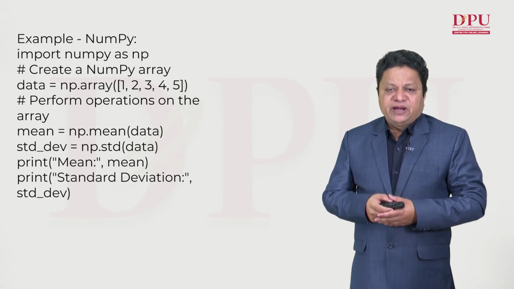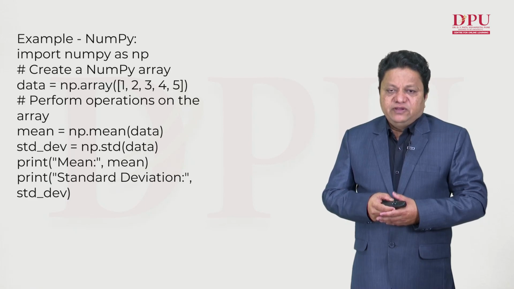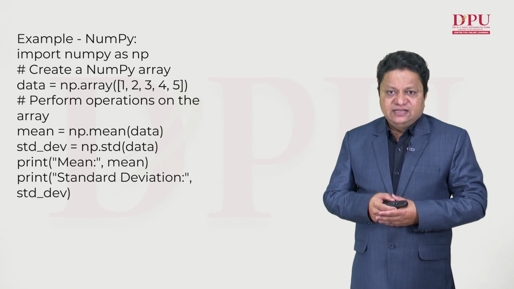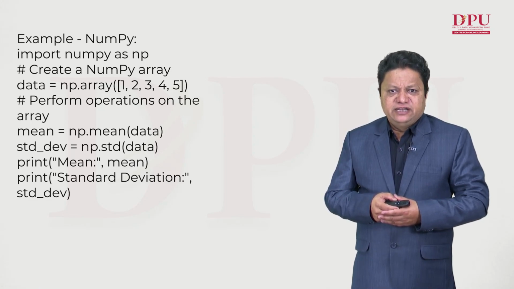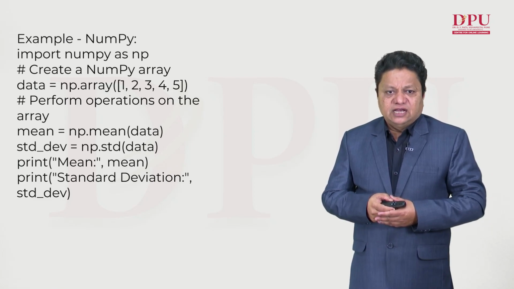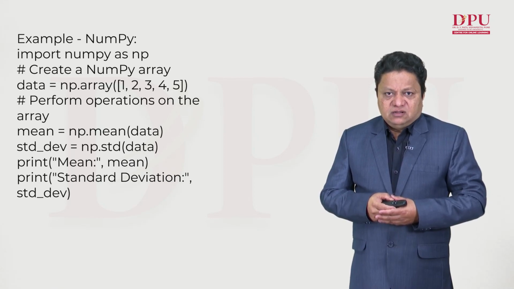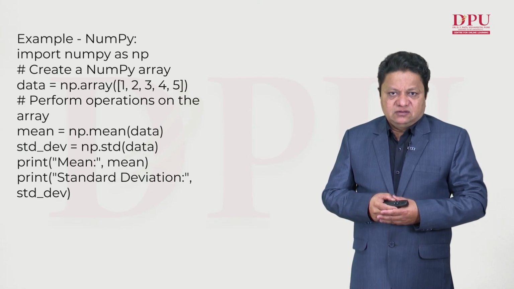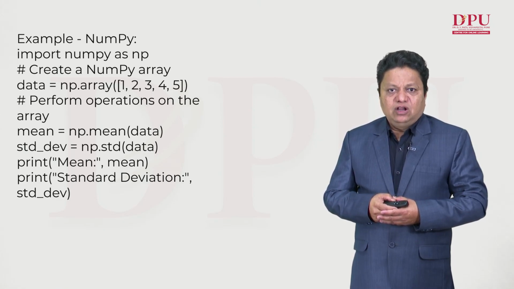To create a NumPy array, we have to give an array name, in this case data, is equal to np.array. Array is the function name of NumPy array. So, here as you can see in the code, np is the object, and dot is the operator which links the object with the function, so that I can call the function of the NumPy library.